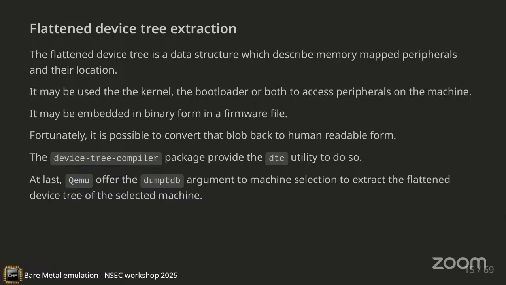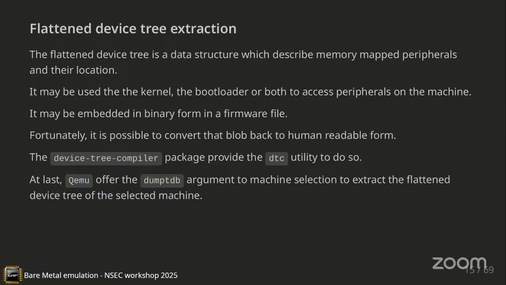If you have access to a UART on real hardware and you look at the boot messages, you should find the address of that flattened device tree. You might not find it all the time, but you should. Then we'll see how to use it to do recon on the machine to get the memory map.